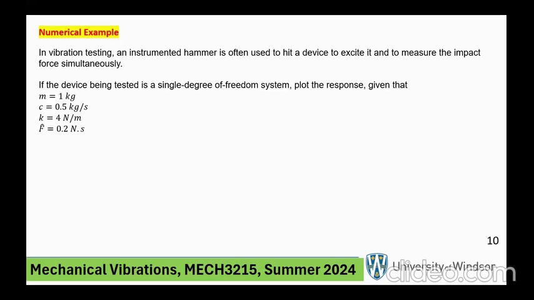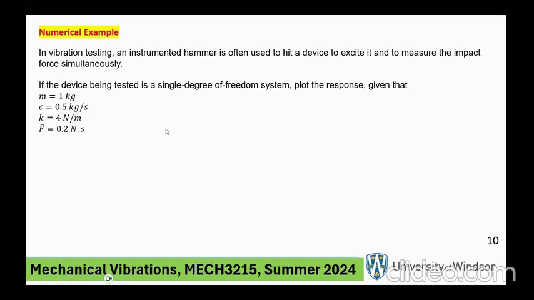Let's look at a case where a device is tested, which is a single degree of freedom system, a mass spring damper, which we are hitting with a hammer, and the hammer records an impulse of 0.2 Newton second. This comes from the instrumented hammer, and these are the characteristics of the mass, damper, and spring.